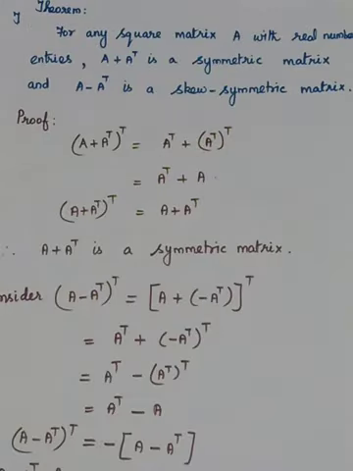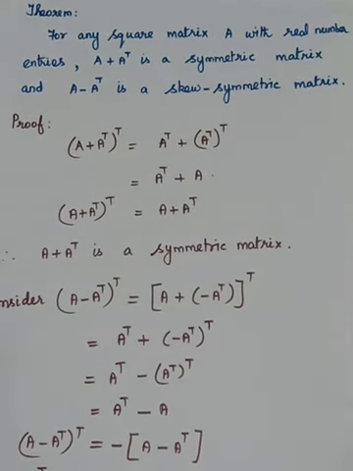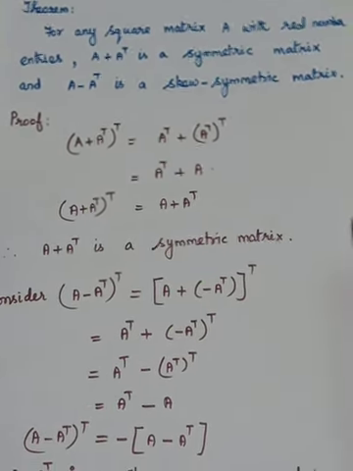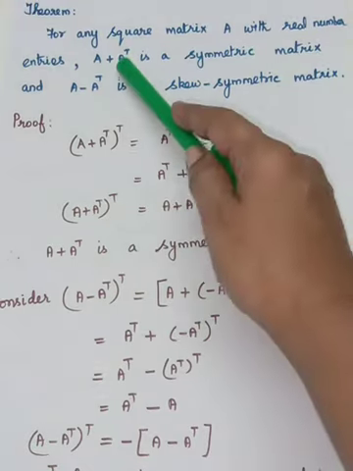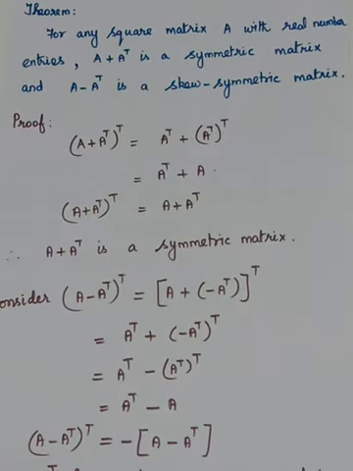So we'll come to the theorem. For any square matrix A with real number entries, all the entries are real numbers. A plus A transpose is a symmetric matrix and A minus A transpose is a skew symmetric matrix. First you have to prove A plus A transpose is a symmetric matrix. Symmetric matrix means the transpose of the matrix is itself.